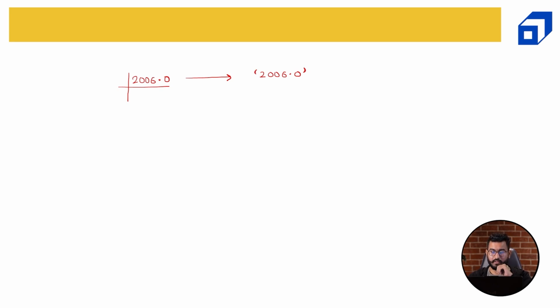Because now I have converted this into object, which essentially means I have converted it into a string. So converting a particular float value into an object column will not make any sense, because it will not solve our problem. My objective is to convert this column into something like this, 2006, without any decimal points.